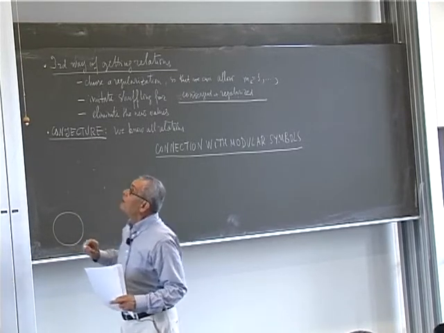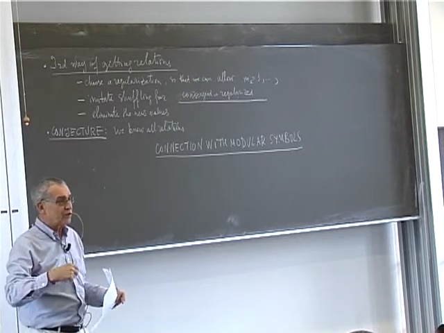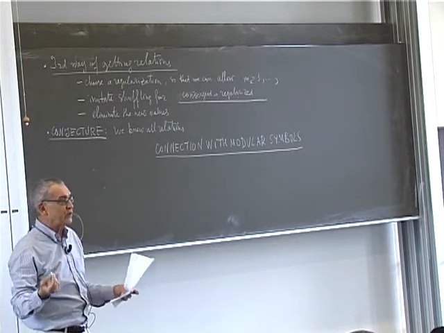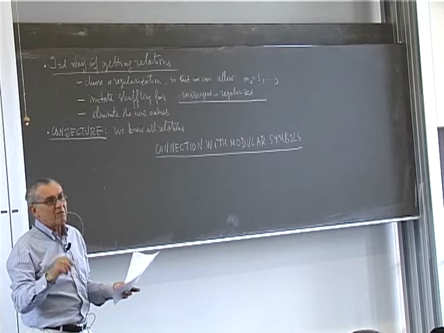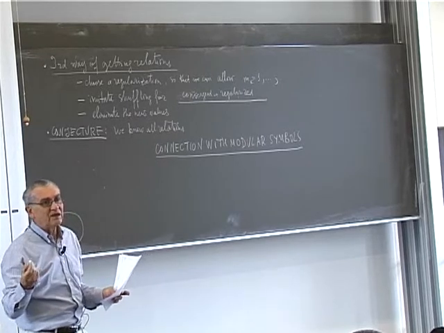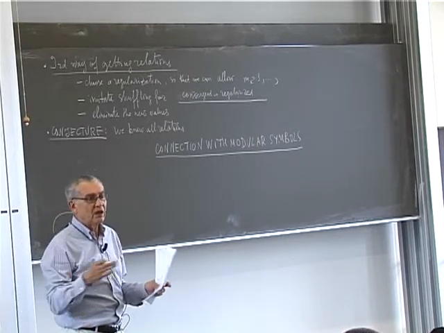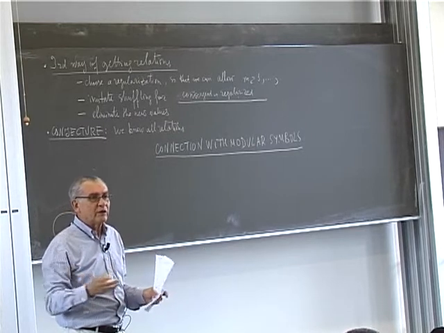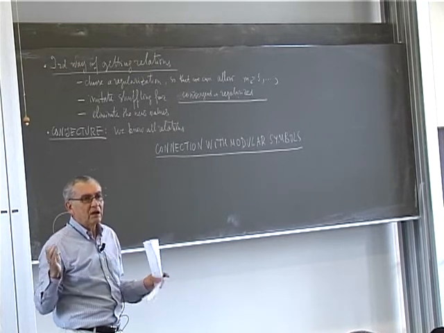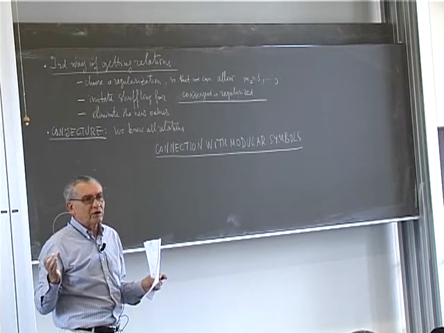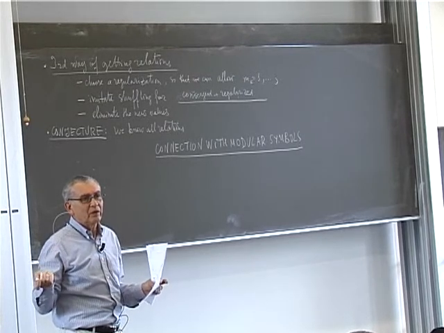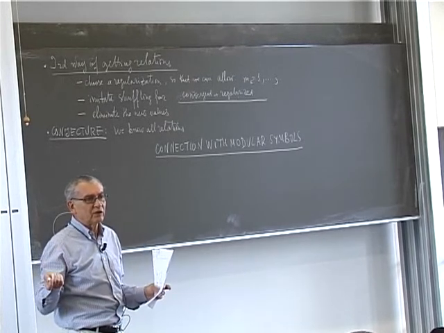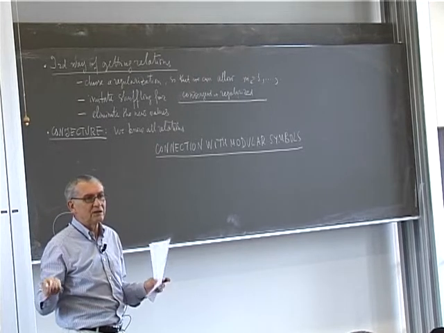We have two differential forms, dt over t of one variable and dt over 1 minus t. If I imagine that t is a projective coordinate on a projective line, these two forms have three poles at t equals 0, t equals infinity, and t equals 1.